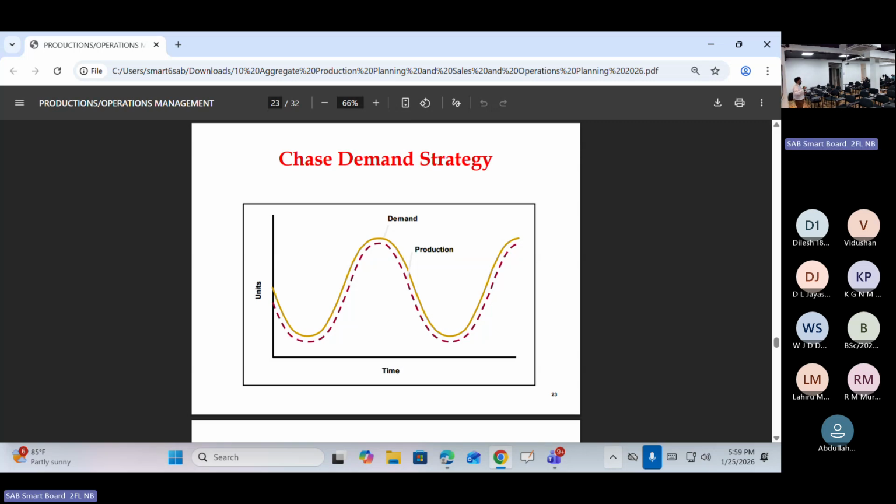Change in the production rate, chase in the demand. That means aligning with the demand. When demand goes down, production rate reduces. When demand increases, production rate increases. How? By adjusting the workforce capacity.